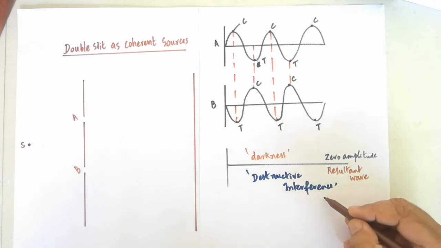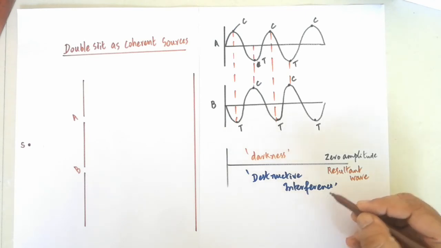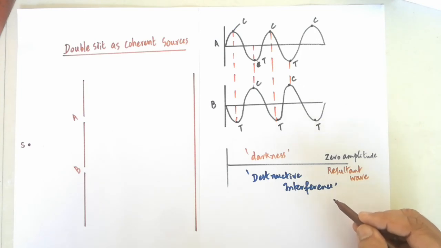Therefore, minimum intensity or zero intensity points will be created in the interference pattern. So I have explained the phenomenon of interference clearly with the help of the double slit experiment, and I have already explained how the double slit acts as the coherent source. In the meantime, with the help of the wave phenomena, I have explained the cause of the interference pattern.